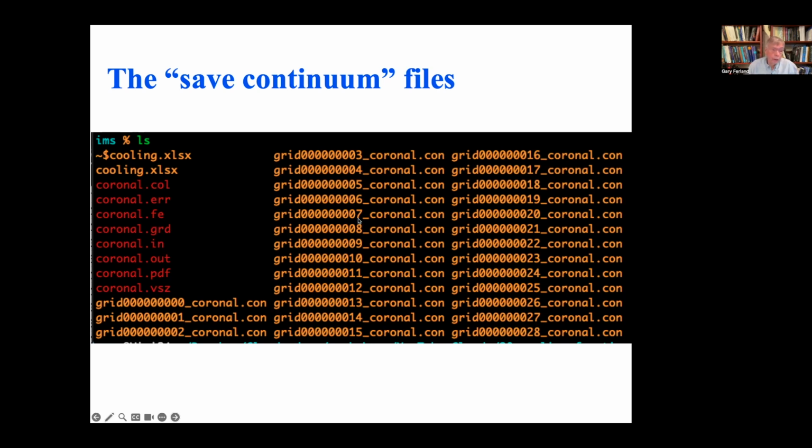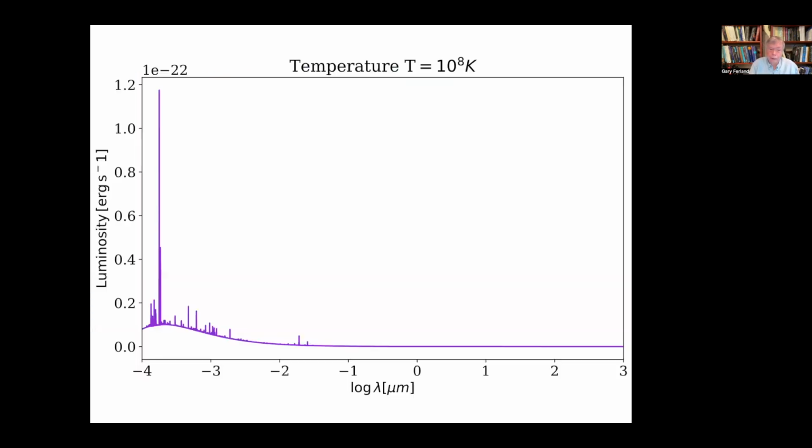So you could have a scripting program, say you wanted to do a spectrum at some temperature. You could use the grid to figure out what's the index for that temperature, and then use that index to get a spectrum. So this is a useful facility if we're going to do what we're going to do next, which is look at some spectra.